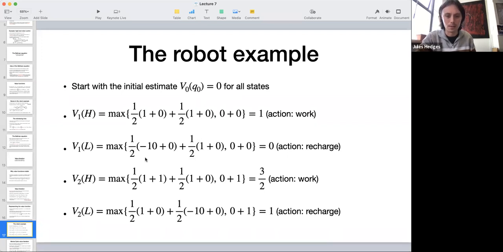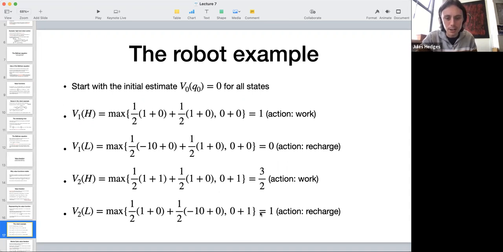This term ends up being negative, so 0 is higher. So the next estimate of the value of the low state is 0. And then we can keep going. I won't talk through these, but it turns out that the next estimate of the value of the high state is going to be 3/2, and the next estimate of the value of the low state is going to be 1.